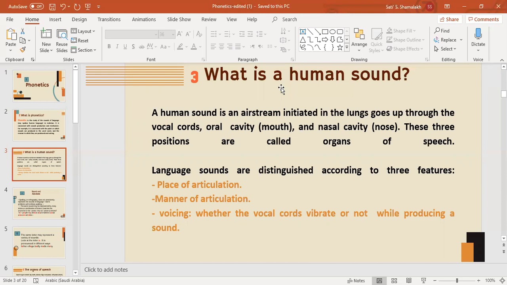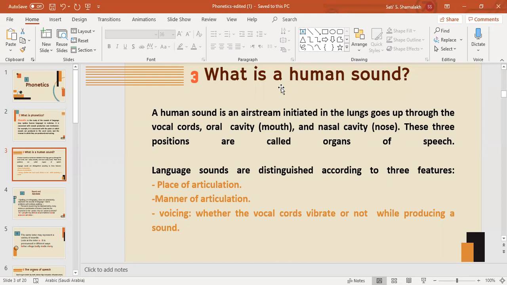A human sound is an air stream initiated, beginning in the lungs and going up through the vocal cords, الأحبال الصوتية بيطلع فوق, oral cavity, which is the mouth, and nasal cavity, which is the nose. These three positions are called organs of speech. So the organs of speech are lungs, oral cavity, and nasal cavity.